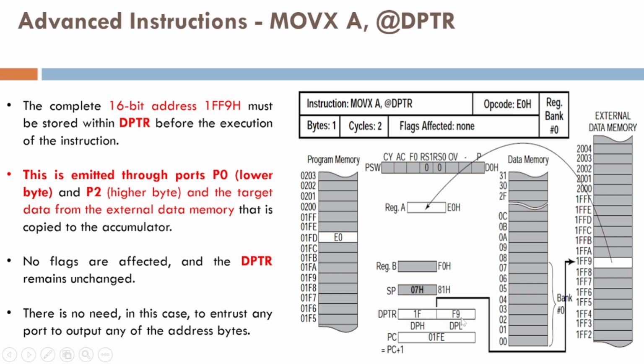In the previous example, we had to send 1F initially from a particular port, then using R0, R1, we had to send the lower byte. In this case, it can be directly sent from the DPTR register.